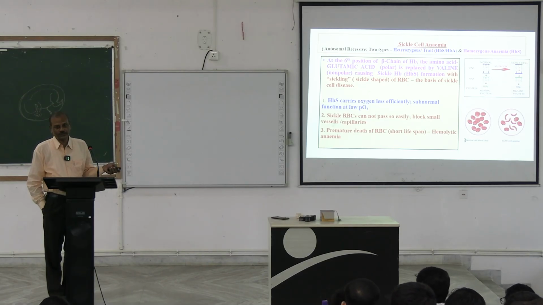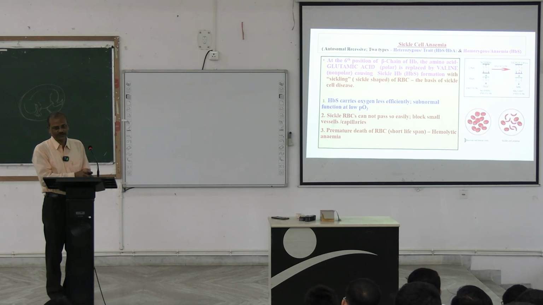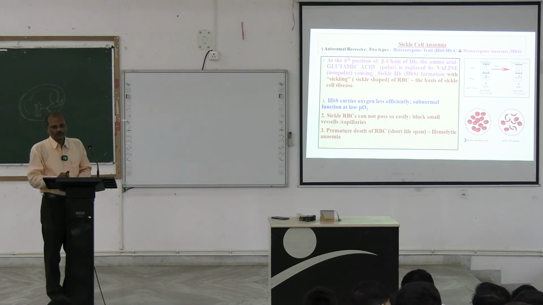And now see the importance of the classification of amino acids. Glutamic acid was a polar acid, meaning it was on the surface. Now it has been replaced by a non-polar amino acid.